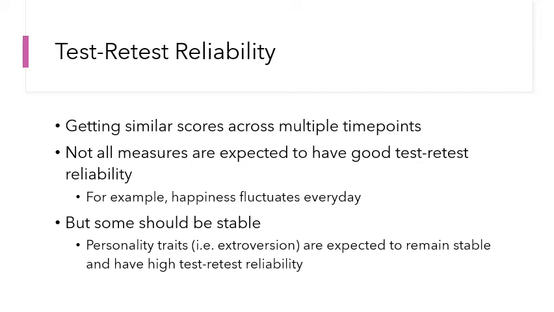It changes very often. Same with sadness. However, depression is determined to be a very stable construct, assuming there's no intervention in between. And like I mentioned before, personality traits are expected to remain stable and have high test-retest reliability.